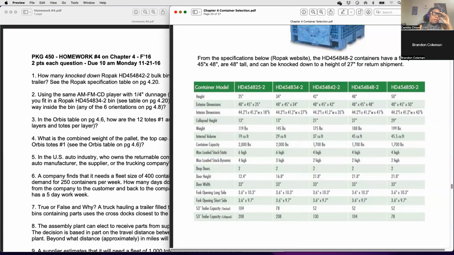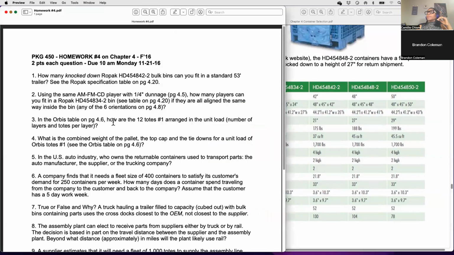You've been given that information. You want to start off by figuring out what the liquid cube is and look at the orientation. So again, using the same CD player, how many players can you fit into the 48, 45, 34 bin? And that table is the one we're looking at on table 4, page 4.20. And you want to make sure they're all aligned the same way inside the bin.